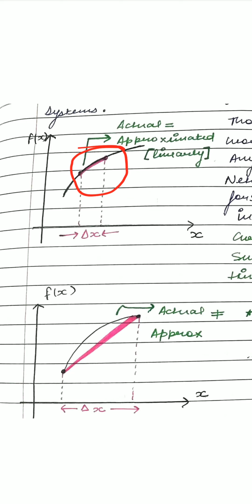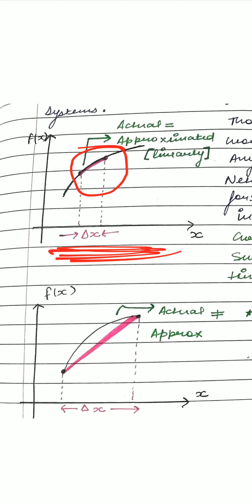So just for a small incremental change, this curve can be categorized as a linear curve. The actual curve, which is the black curve, is approximated linearly by the pink curve. Black curve and pink curve are the same in this case.